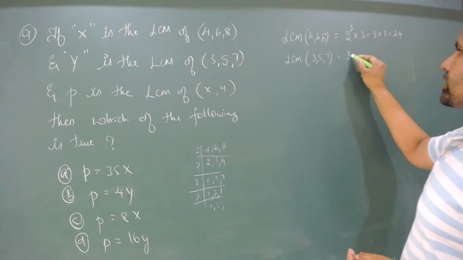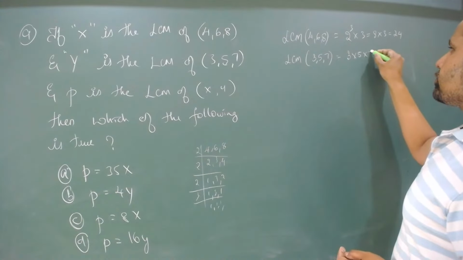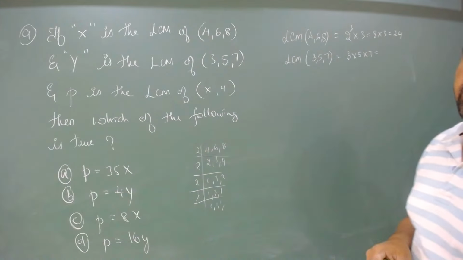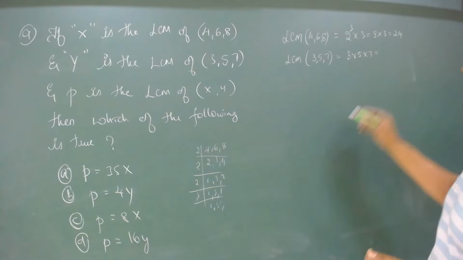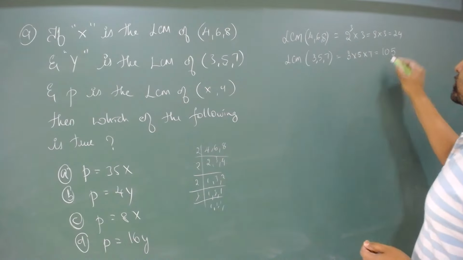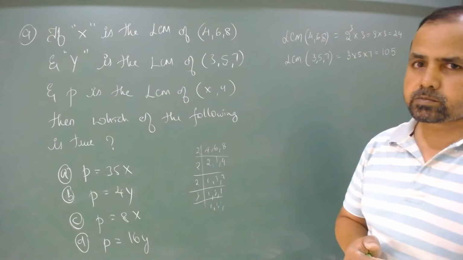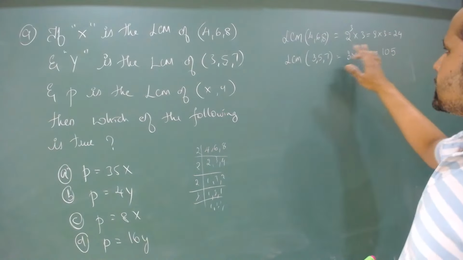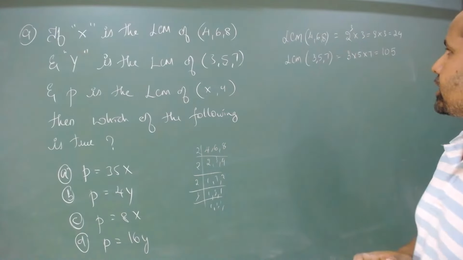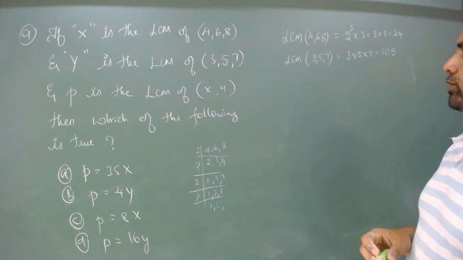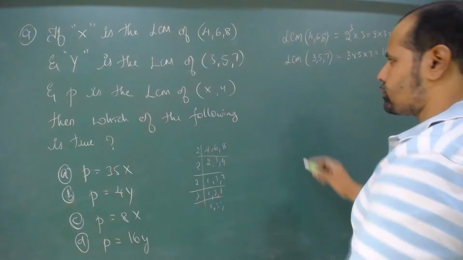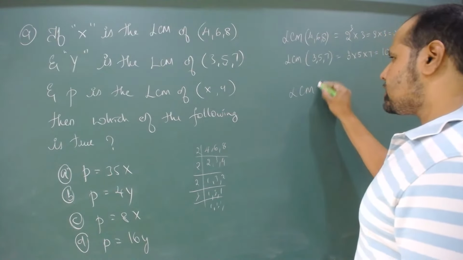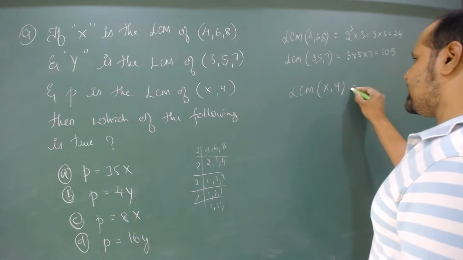So directly you can write 3 into 5 into 7. 7 5s are 35, 35 into 3 is 105. Now we found the LCM of 4, 6, 8, as well as the LCM of 3, 5, 7. The next part of the question says if p is the LCM of x comma y.